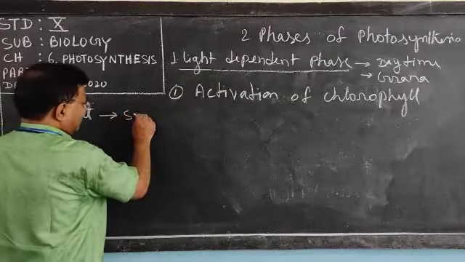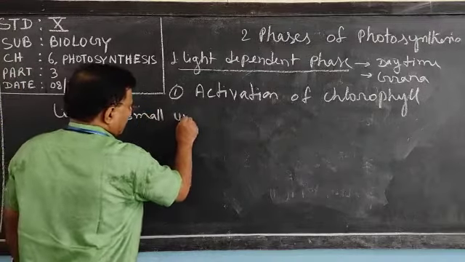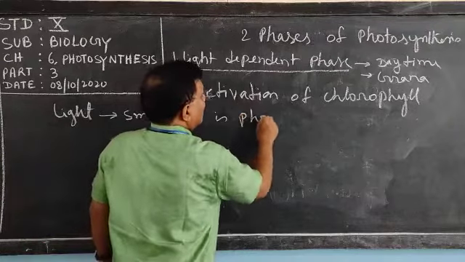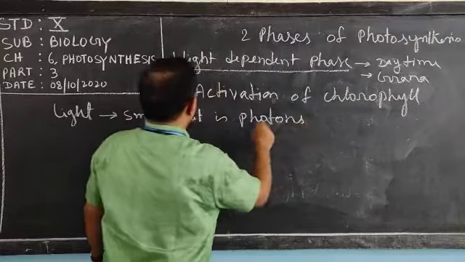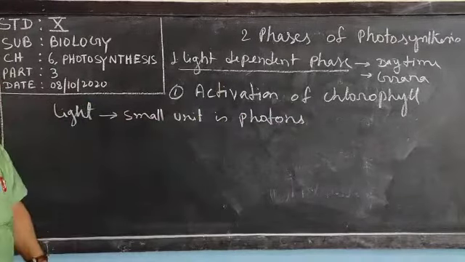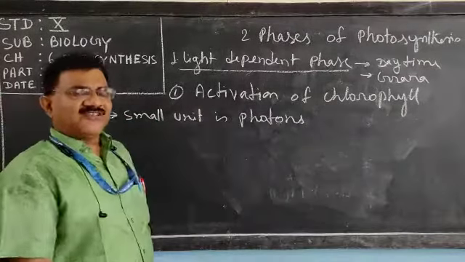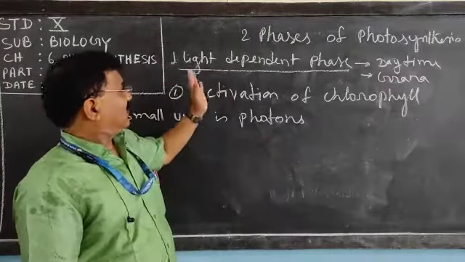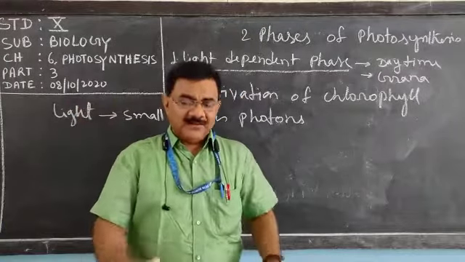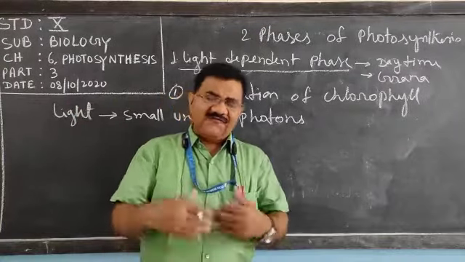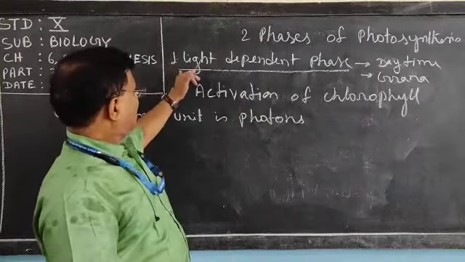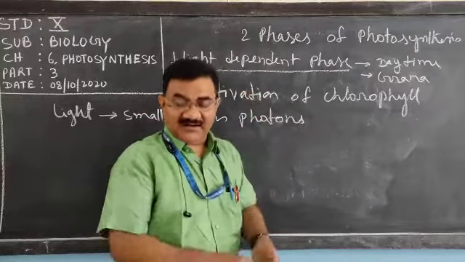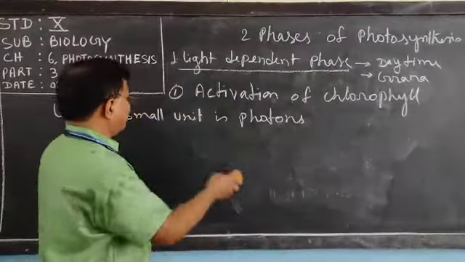The smallest unit of light is the photon, and due to photons only this chlorophyll becomes activated. Now, first, activation of chlorophyll occurred.